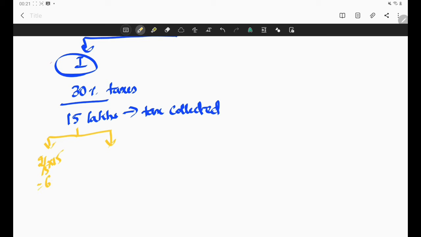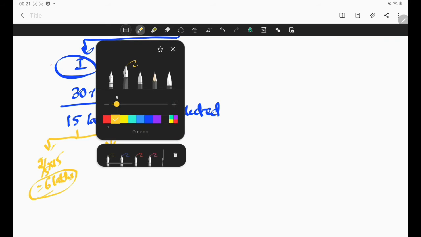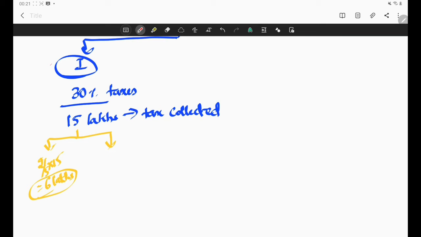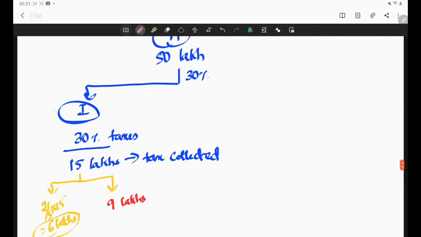That will come to 6 lakhs. So this 6 lakhs will be going to states. So how much money does government have in its own pocket? Only 9 lakhs. So even though government is collecting 15 lakhs from this transaction, it is only able to spend 9 lakhs. It is only able to have 9 lakhs with it.